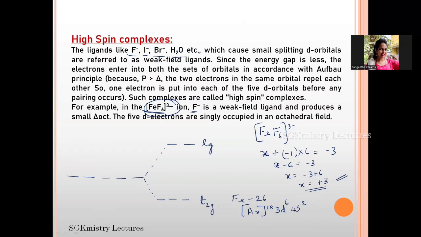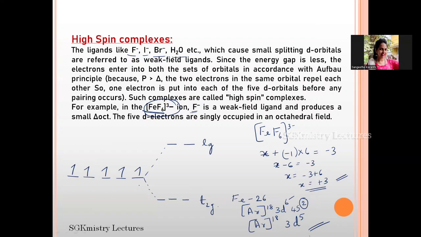So there are 3 electrons which are lost from iron, because whenever any metal atom is in the positive oxidation state, it has lost electrons, right? So plus 3 means it has lost 3 electrons. So of course, the configuration will be argon 18, 2 electrons from 4s are lost, and 1 electron from the 3d orbital is lost. So now it will be 3d5. You can see there are 5 electrons in the d orbitals, right? So let me show the 5 electrons here, 3, 4, 5.